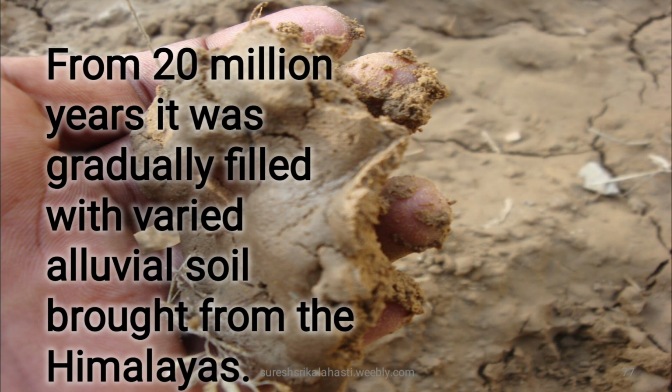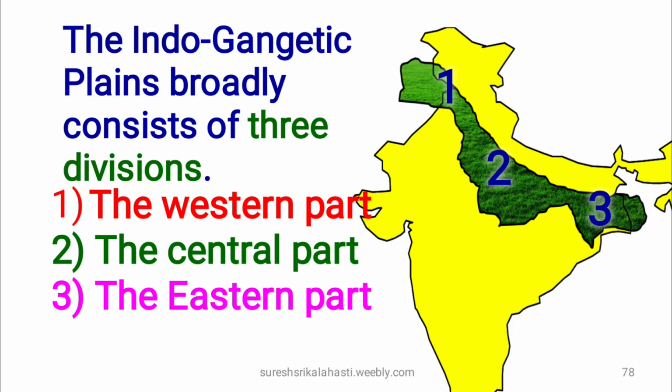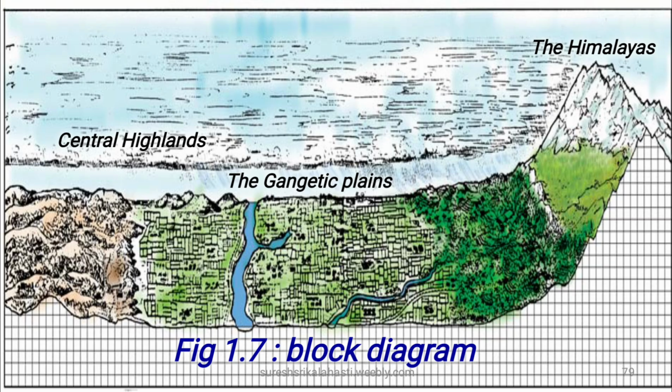Over 200 million years, it was gradually filled with varied alluvial soil brought from the Himalayas by the Himalayan rivers. The Indo-Gangetic Plains broadly consist of three divisions: western part, central part, and eastern part.